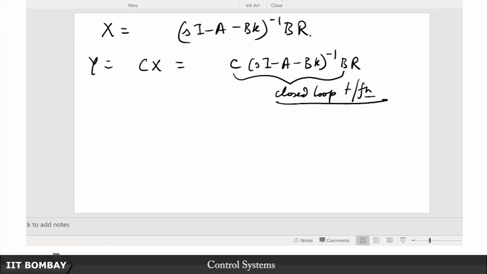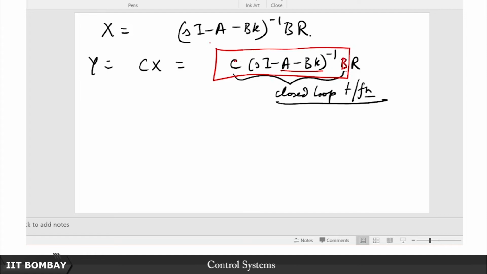So suppose there is no D matrix. Now what happens is, in the closed loop system, this is your transfer function. Remember that the C matrix has not changed, the B matrix has not changed, the only thing that has changed is basically this A matrix. And how has this A matrix changed?